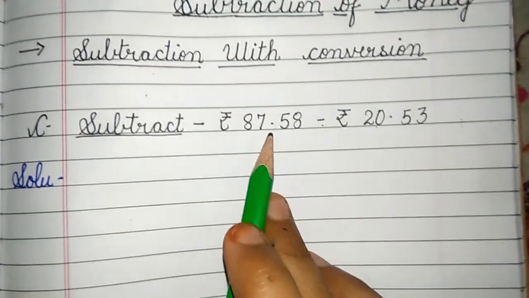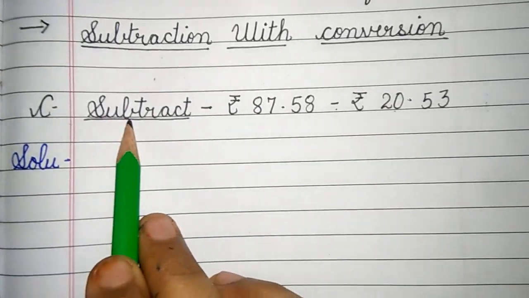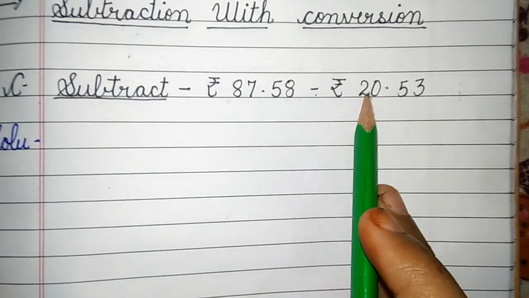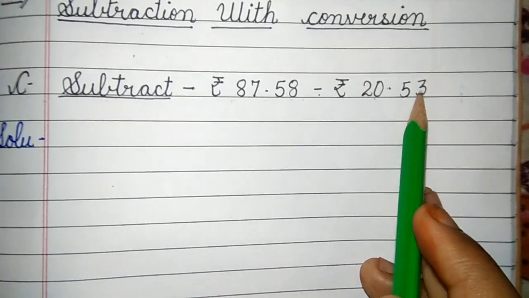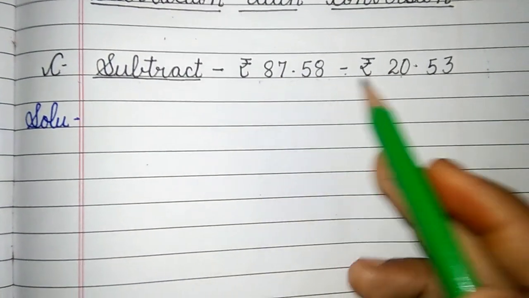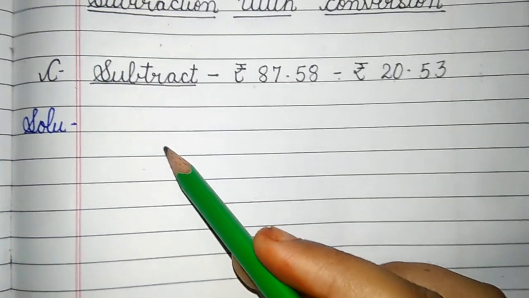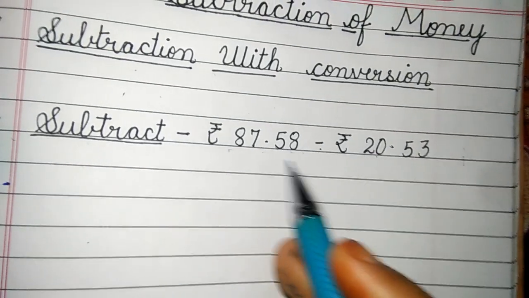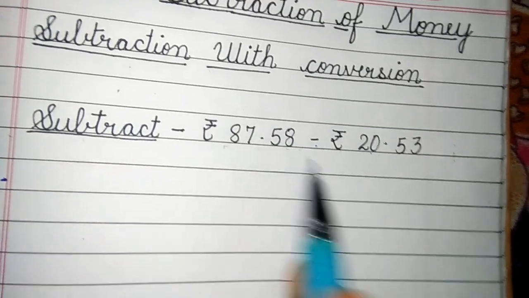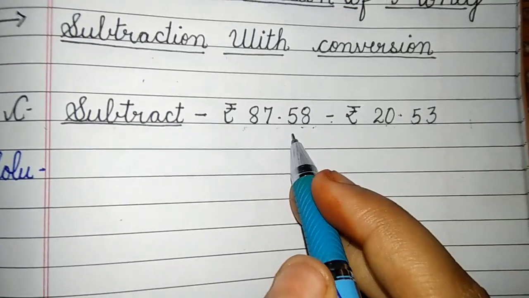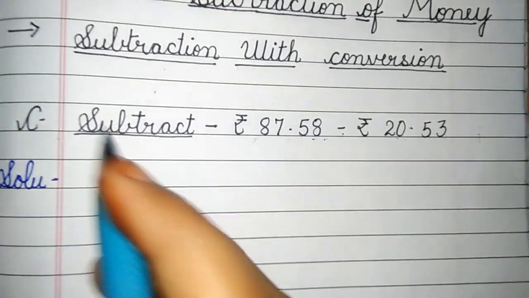Let us take one example. See question. Subtract rupees 87.58 minus rupees 20.53. Now first we have to write the greater amount above and the smaller amount below. So children, tell me which of these amounts is big? Rupees 87.58. So we will write rupees 87.58 above.